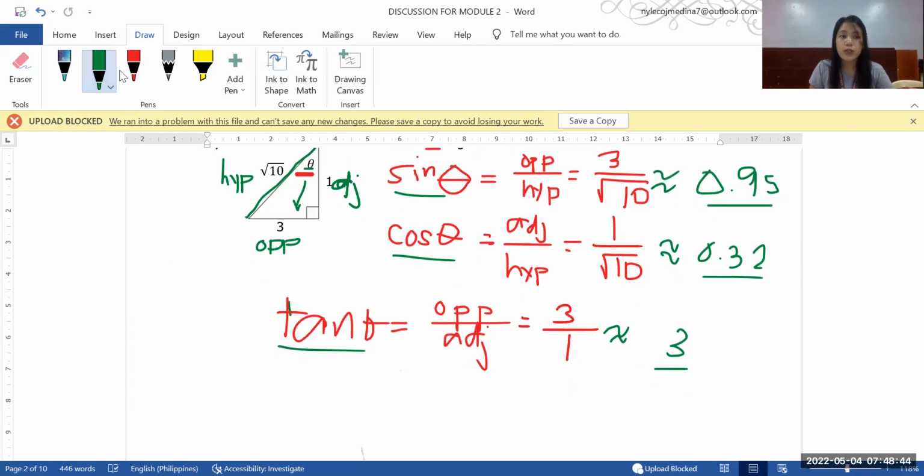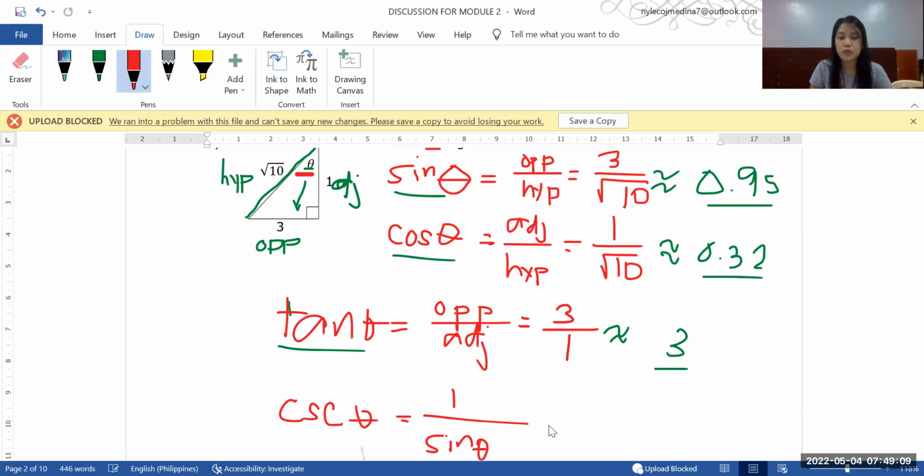Now, let's go to the reciprocals. Ang reciprocal is just the kabaliktaran. So, kung ang sine natin is 0.95, ang kabaliktaran ng sine is cosecant theta. So, cosecant is equal to 1 over sine, ang gagawin mo na lang is to substitute.